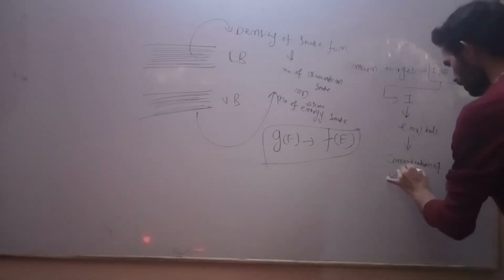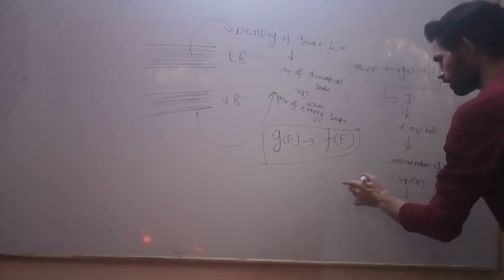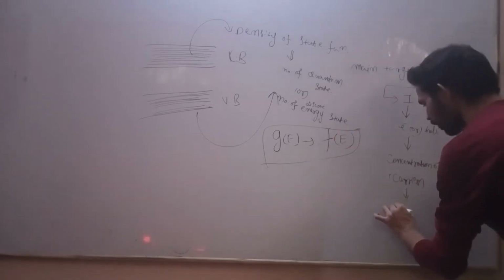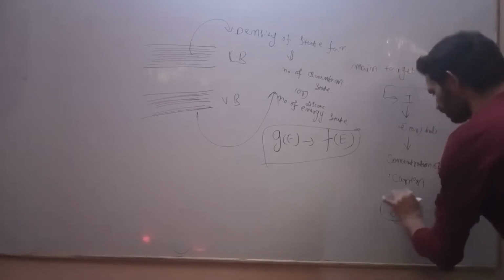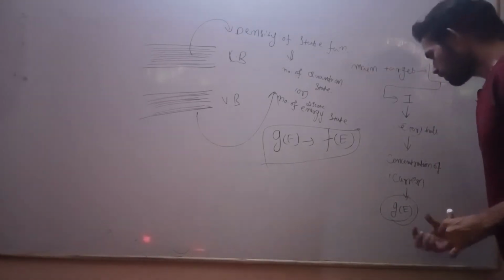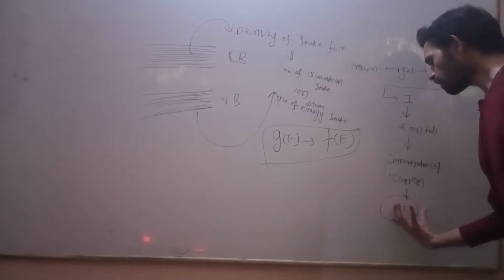For that we want to determine the number of quantum states. First we want to determine this density of state function, which is the number of allowed quantum states.